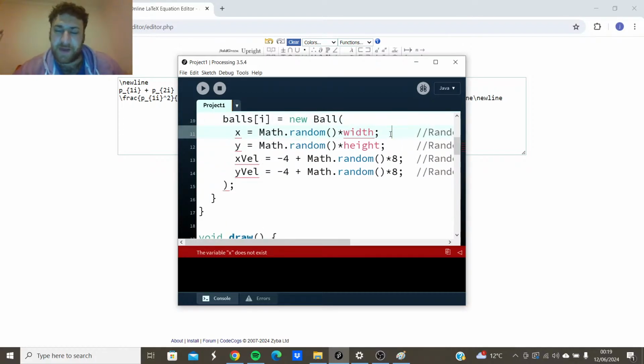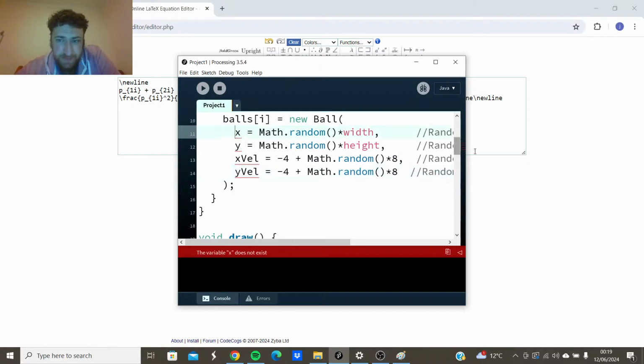And instead of colons, we're going to have commas, and that I think should just work, hopefully. All right. Oh, no comment for the last one.